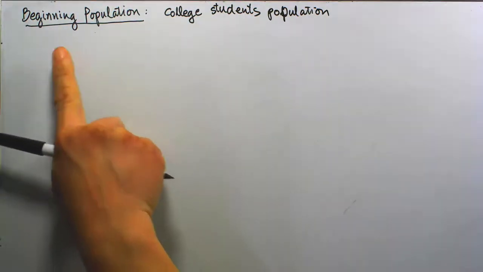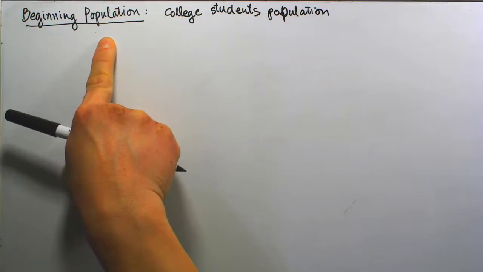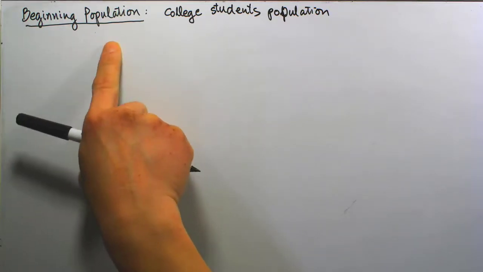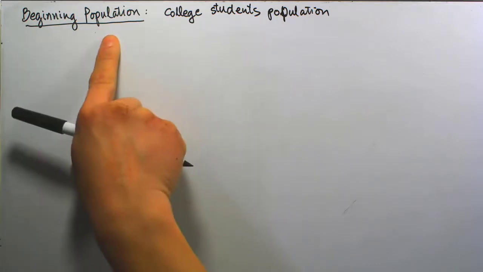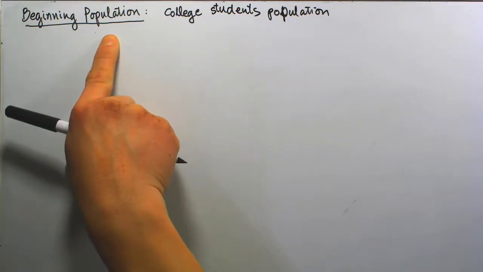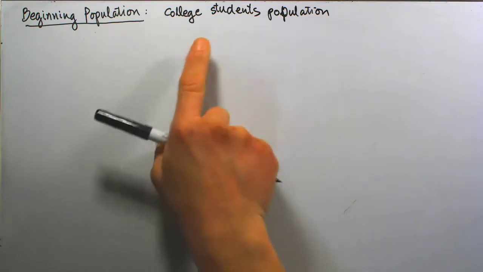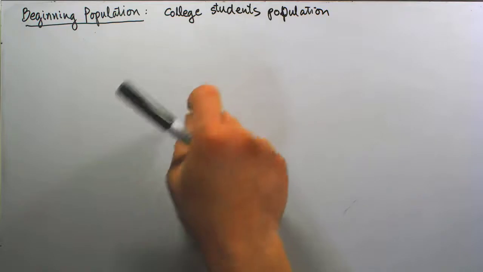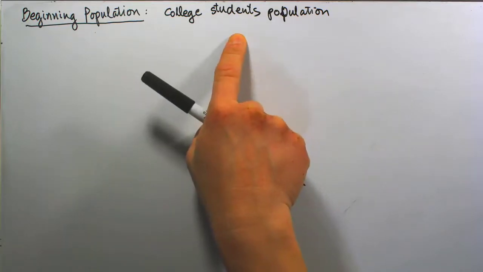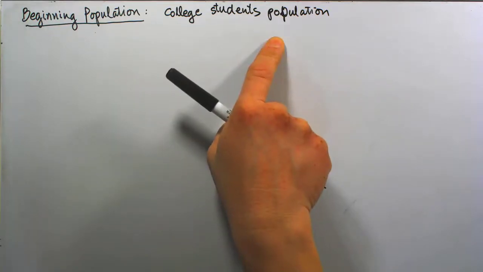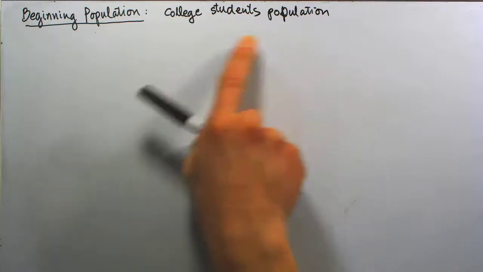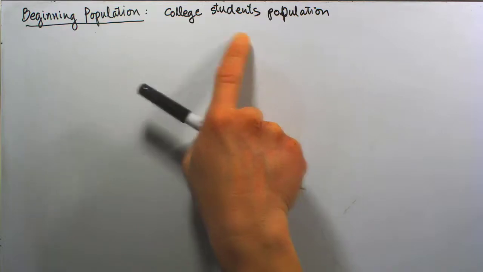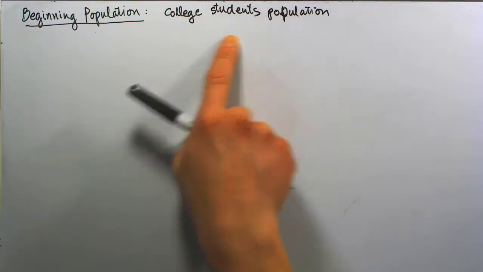I'm using the term beginning population once again, as you have seen throughout some of my other video lessons. This is a term that I use by my own personal choice to indicate the population where we're going to start picking samples from. This college students population is not restricted to any particular school, and not even the schools in the United States. It could be all the universities worldwide as well.